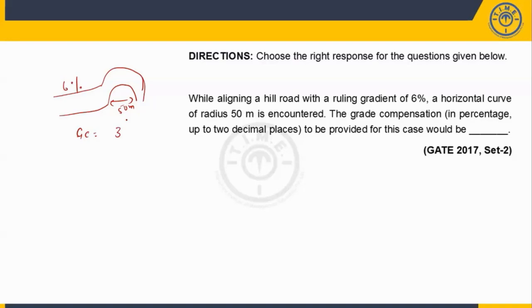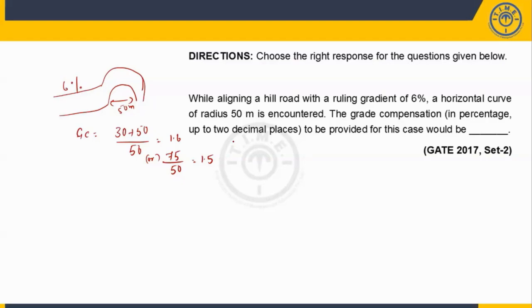It is 30 plus 50 upon 50, which is 80 by 50, that is 1.6. Or 75 upon 50, that is 1.5. So which should we take? Take note: 1.5.